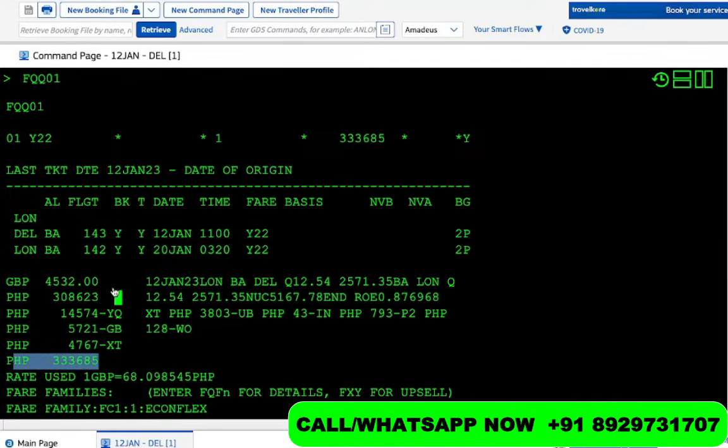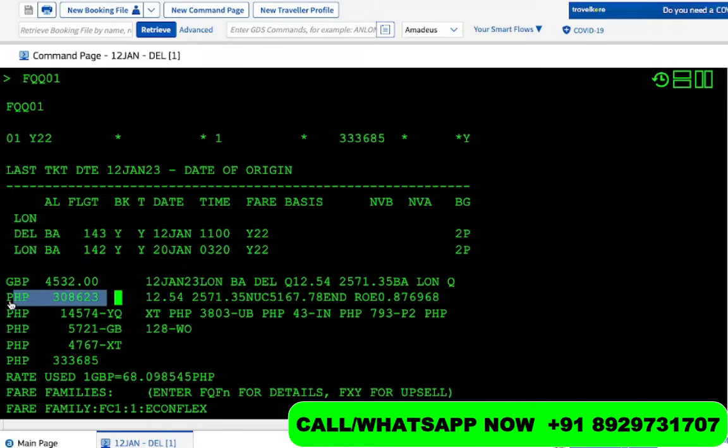We need to understand one thing, that the base fare will always be in the currency of commencement. The first city from where the flight is departing is London. London is in the UK, and in the UK you have pounds, so that is why you will find the base fare in pounds, and then it is converted to the currency of the ID that we are using of Amadeus.